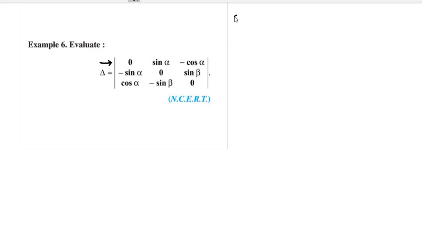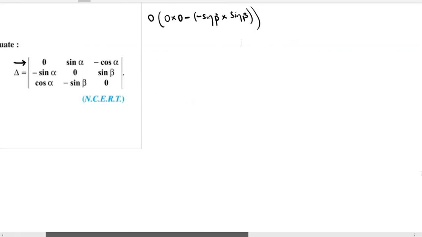Okay, so 0 multiplied by 0 into 0 minus sine beta multiplied by sine beta. Okay, so this is going to become 0. There is no point of doing any calculation ahead.